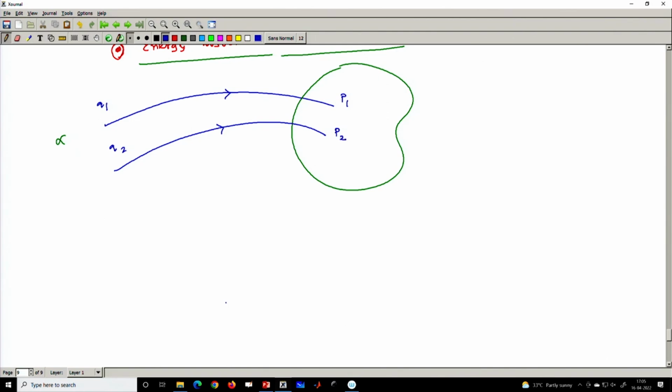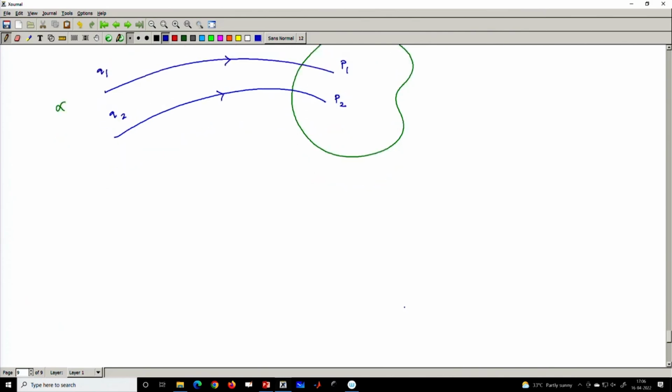Mind it, when I bring the charged particle Q2 to the point P2, the charged particle Q1 at the point P1 is already there. So, we need to do some work against the electric field that is produced by the charged particle Q1, which is already there at the P1 point. That is the thing we need to consider.